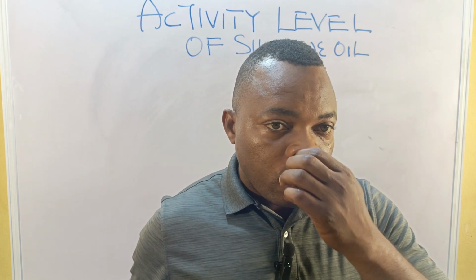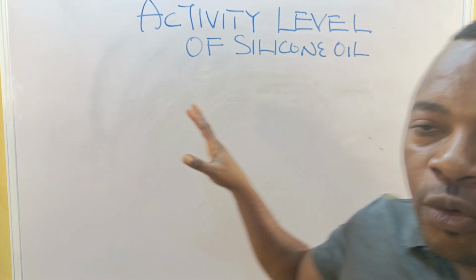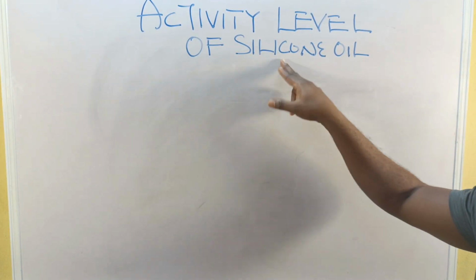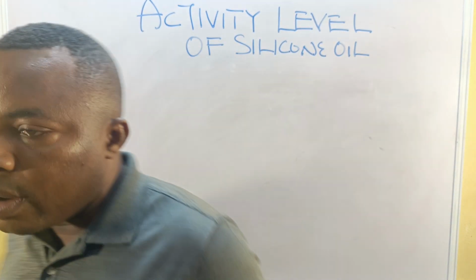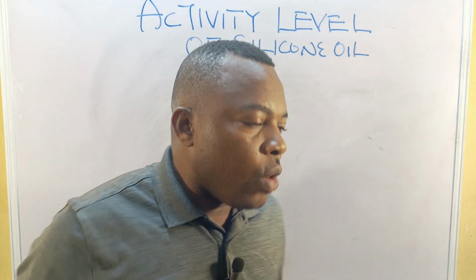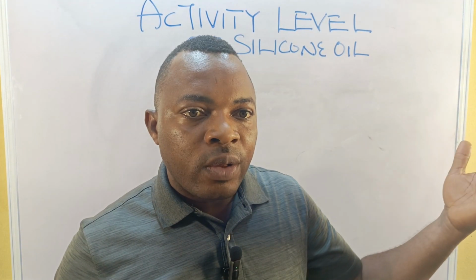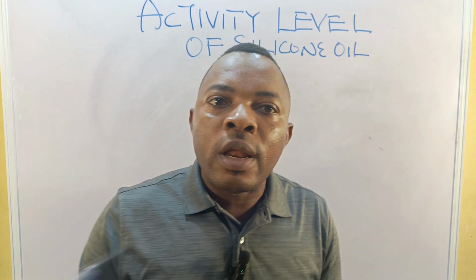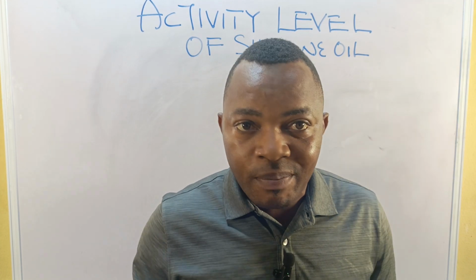In my presentation today, we shall be looking at what is on the board right now: the activity level of silicone oil. In my previous presentations, we know that all silicone surfactant in PU foam production is not the same.